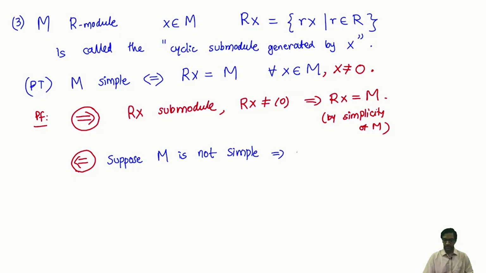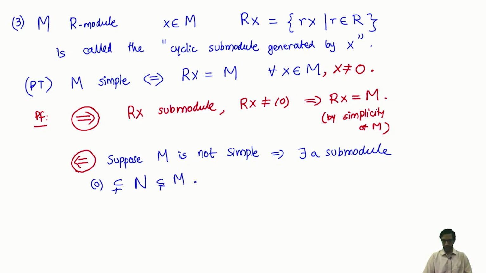What does that imply? That means I can find a submodule. There exists a submodule N of M such that N is neither 0 nor the whole. So it's strictly properly between these two ends.